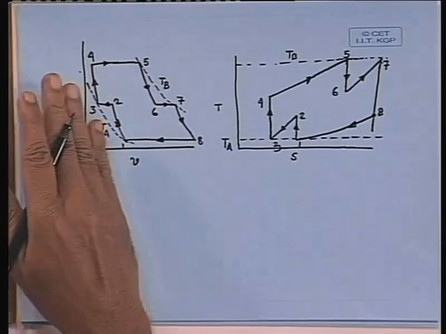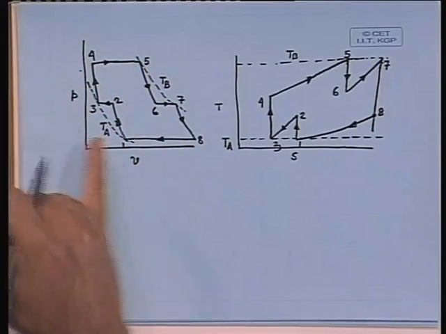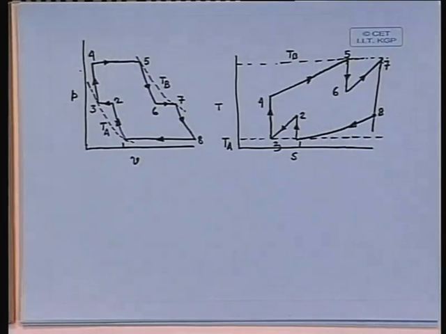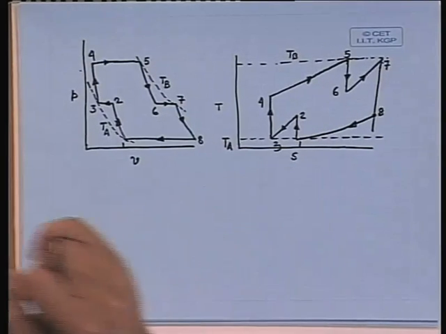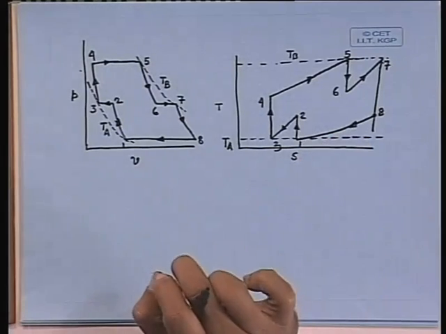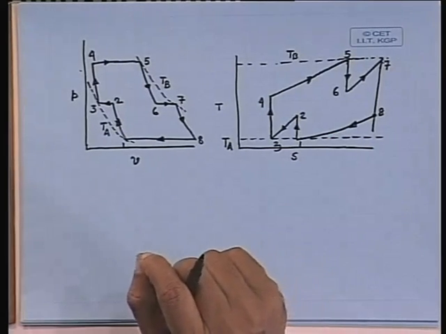And the representation of the PV diagram is also shown in the TS diagram. Now, why I have done all this is like this. Let us say instead of one intercooling and one reheating, we have a very large number of intercooling stages and reheating stages.